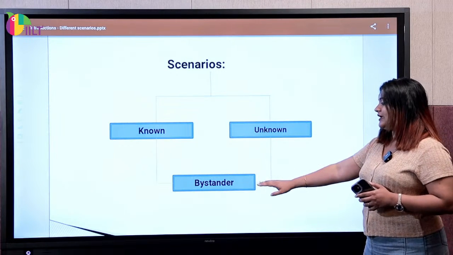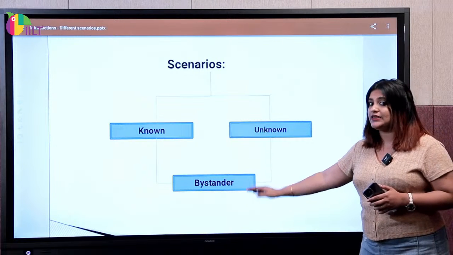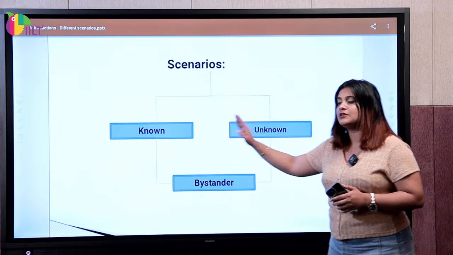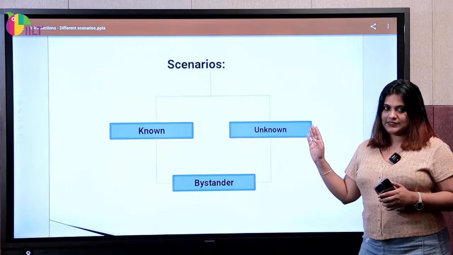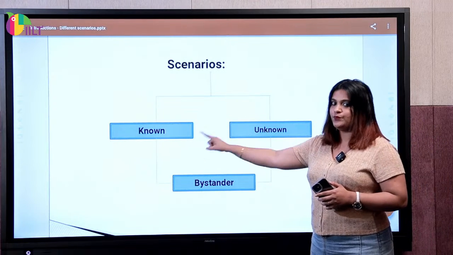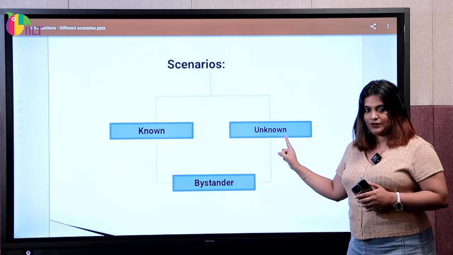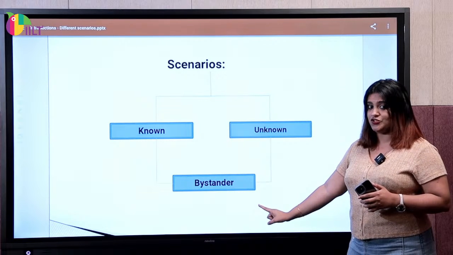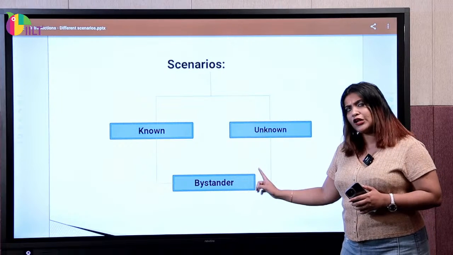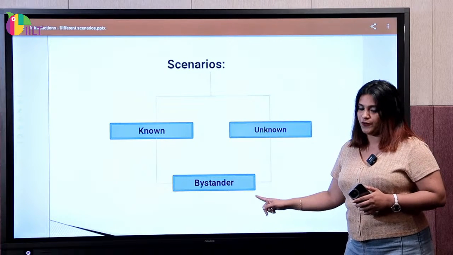And you can also get a setting where you're talking to the bystander, and that will come under known cases as well as unknown cases. Okay, so to simplify, you can get a known patient or an unknown patient. All right, you can also get a bystander in which the patient might be known. You can also get a bystander in which the patient is unknown.